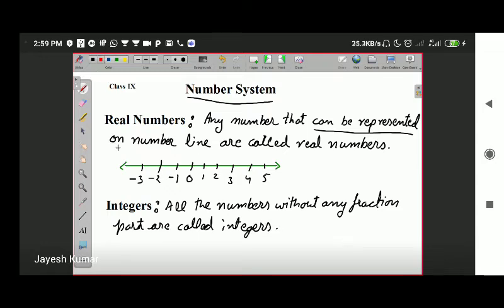Suppose I write a number 1.25 or I write a number 1 by 4. Both of them are not integers.